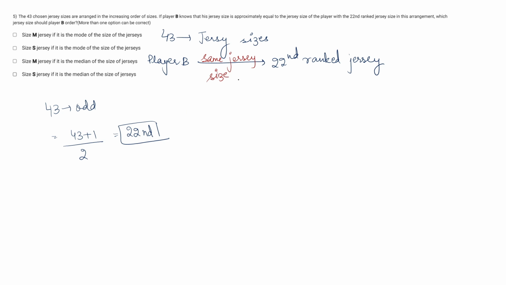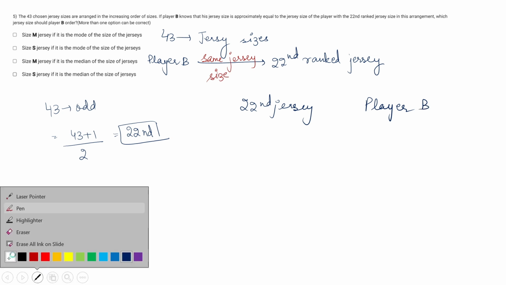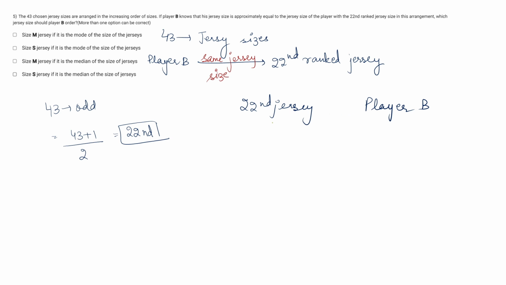So if the 22nd jersey size is small, then player B's size will also be small, and if it is medium, then player B's size will also be medium.